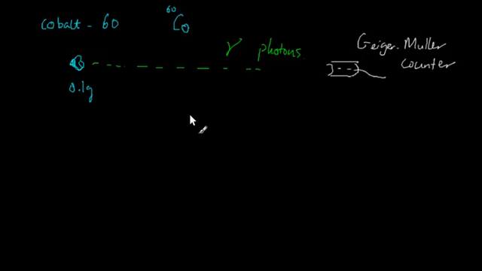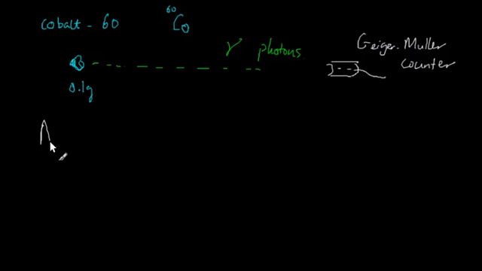Okay, and one of the ways to measure radioactive material is to measure how many particles are emitted by the material, or at least detected by the counter every second or every minute. Now this quantity is called the activity.